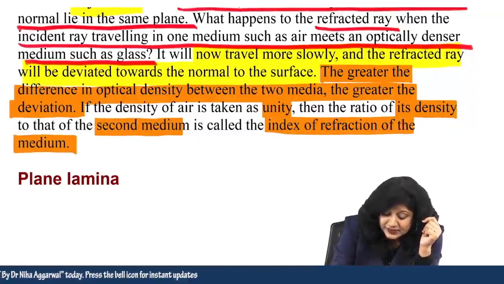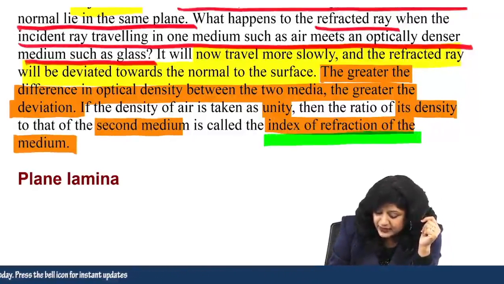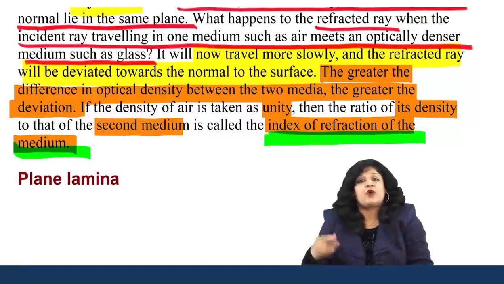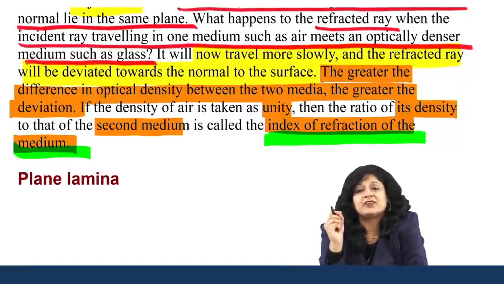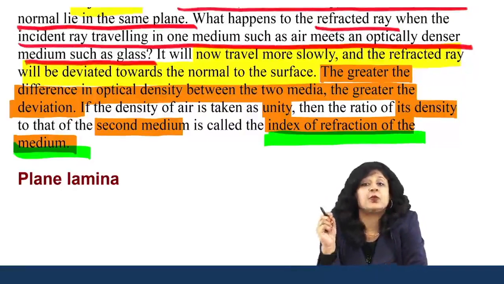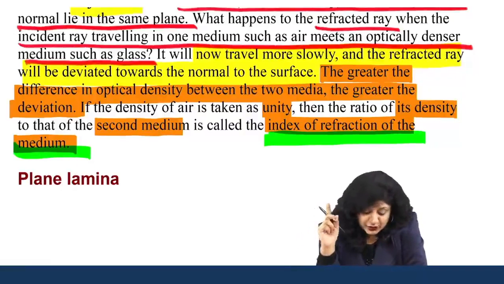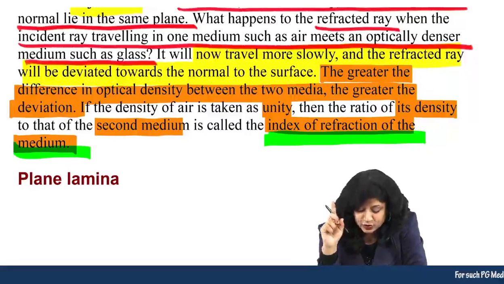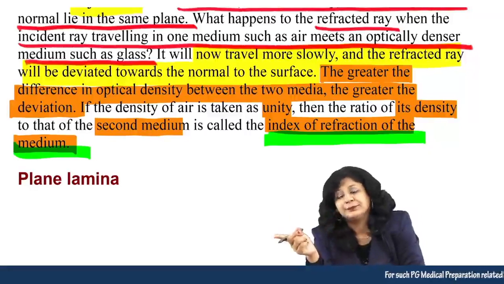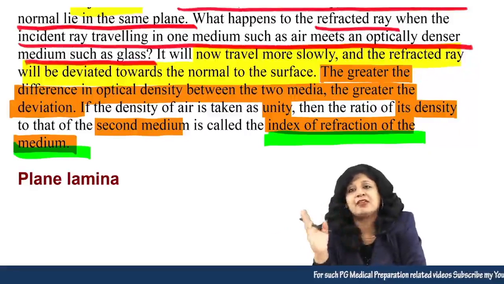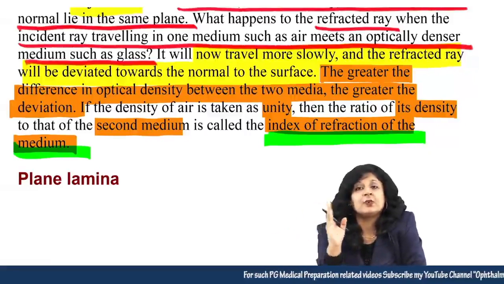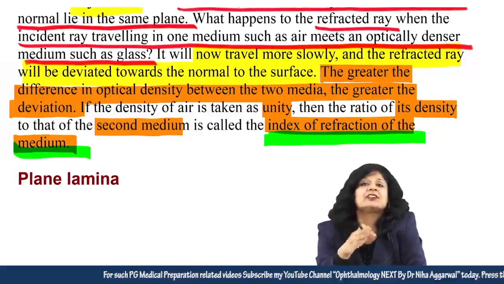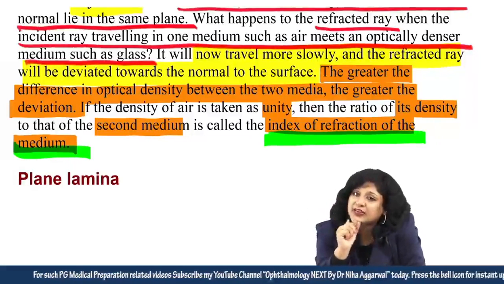Now this gives a very important thing. We always study the index of refraction, the refractive index. What is that refractive index? We have compared with the density of air. We have taken the density of air as unity, one, then the ratio of its density to the other. We are comparing every density with the density of air, and whatever refraction value you are getting is called the index of refraction or the index of the medium.